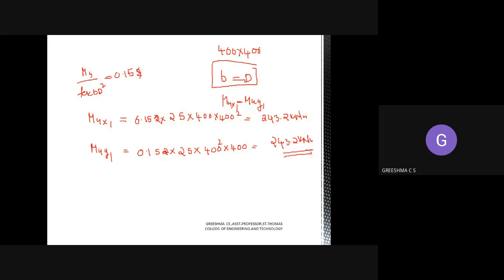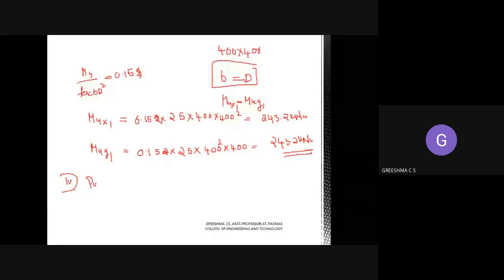Now that we have got the moment along the x direction and the moment along the y direction, the next step is step number 4. What is step number 4?